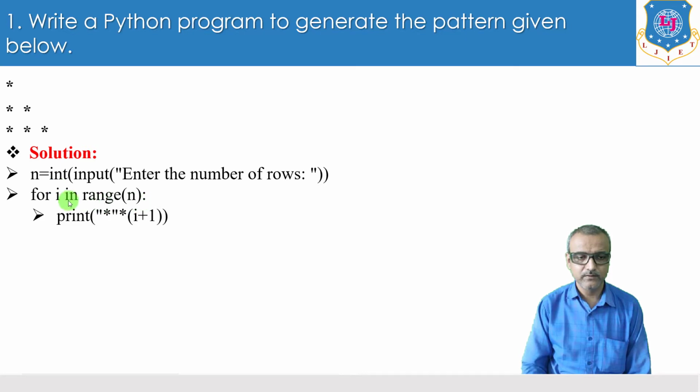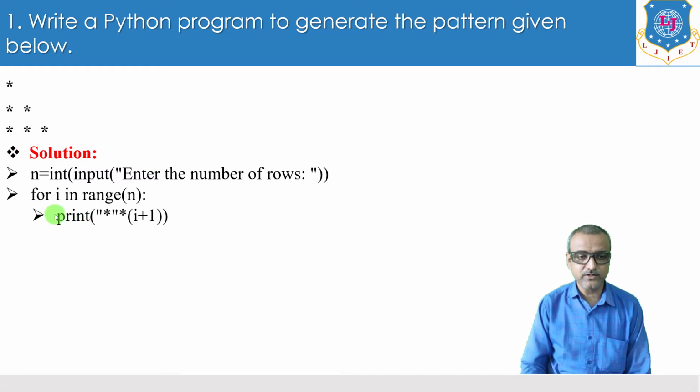So here the value of i will become 0, 1 and 2. So for i equals 0, here is 0 plus 1, so it will become 1. It means it will print star 1 time. So in the first row we will have 1 star.